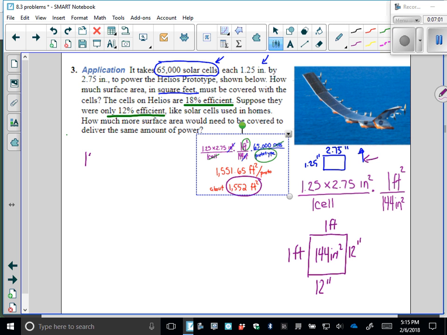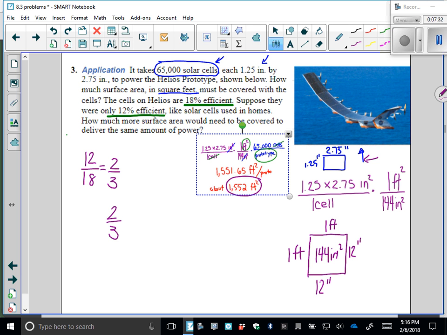But if they were only 12% efficient, that means we get 2/3 of the efficiency. And the question is, how much more surface area would we need to cover in order to deliver the same amount of power? So I'm going to have more surface area. So 2/3 of our bigger surface area.